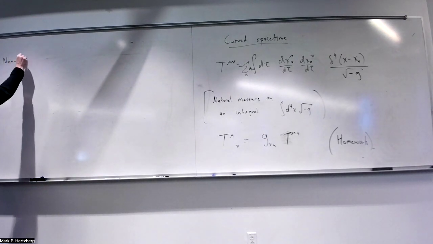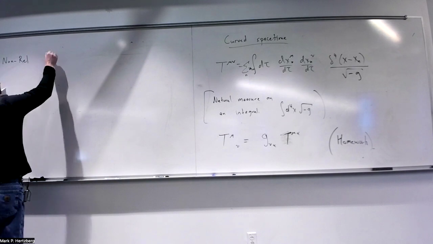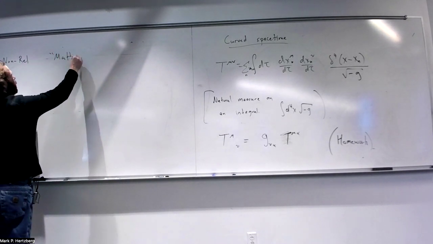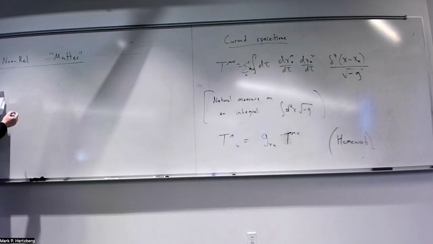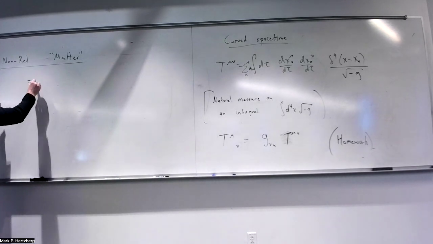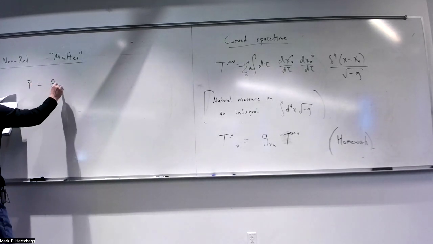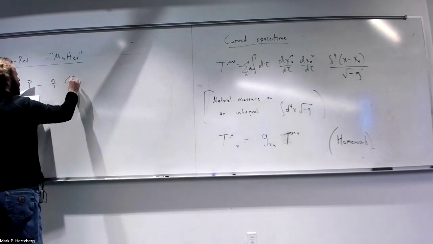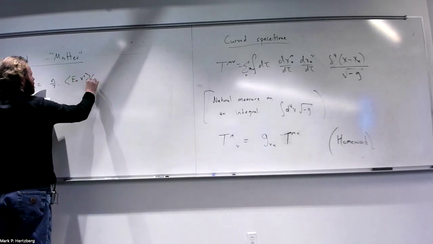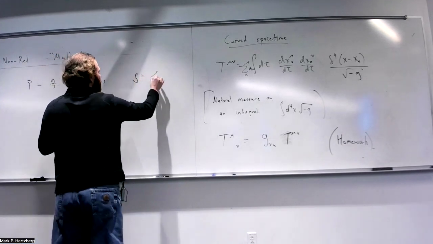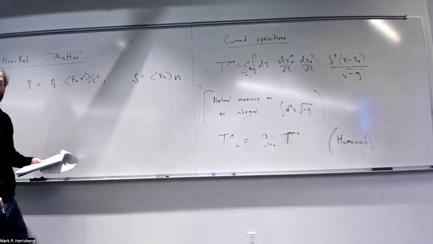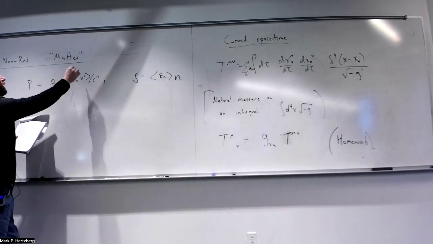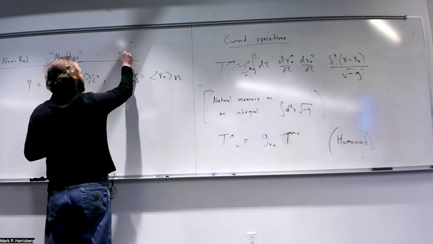Okay, so we basically already did this, but I want to highlight a point. So if we have non-relativistic stuff, which cosmologists like to just call matter, then as we've just said, the pressure is just down by some factors of v squared. Energy density is rho. Non-relativistic matter just means v is much less than c.